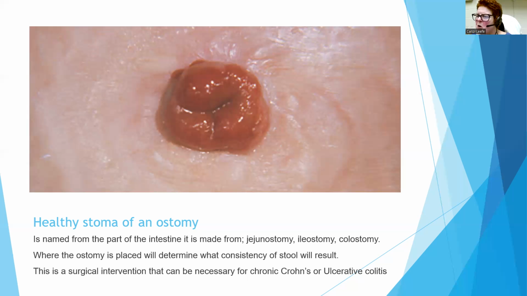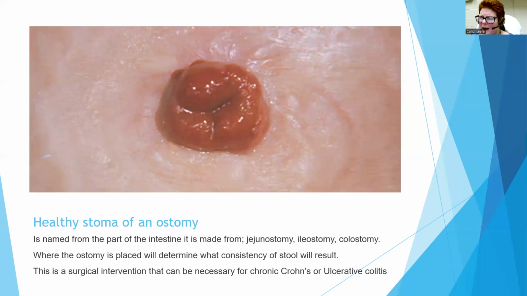Okay, so this is what a healthy stoma looks like. They take the intestines and they create an incision and kind of pull it out and flower it open and make a little flower bud. And it should stay nice and pink or pinkish red for it to be healthy and to make sure the circulation is there.